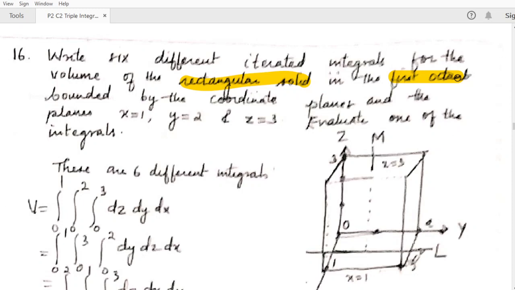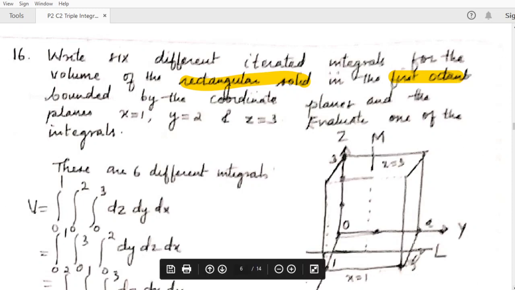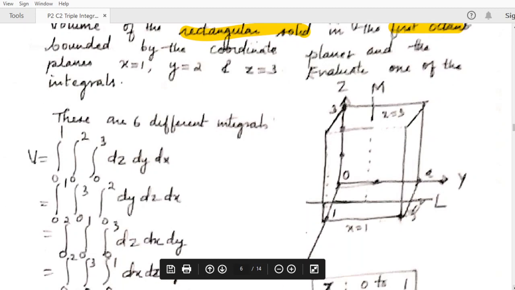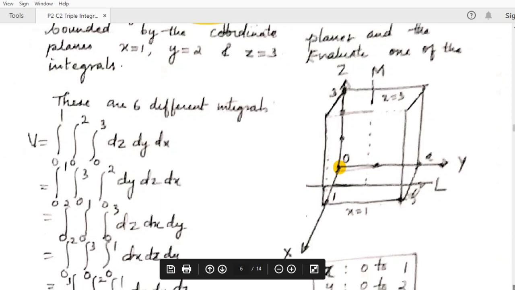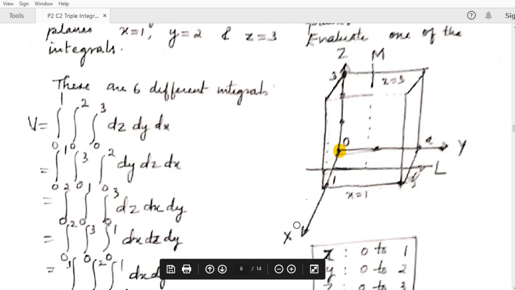Similarly, in case of a three-dimensional space, when we talk about the first octant, it is the space where x, y, z all are positive. All the three coordinates are positive. Suppose this is our origin, denoted by O. Suppose this is our x-axis, this is y-axis, and this is z-axis.